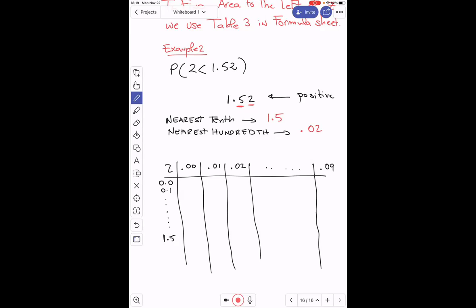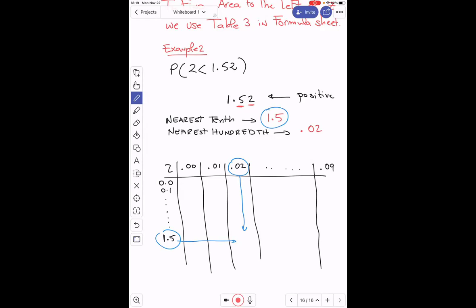In our case, the nearest 10th is 1.5, and the nearest 100th is 0.02. So here's my nearest 100th. So the answer would be this number, let me just check my table again.